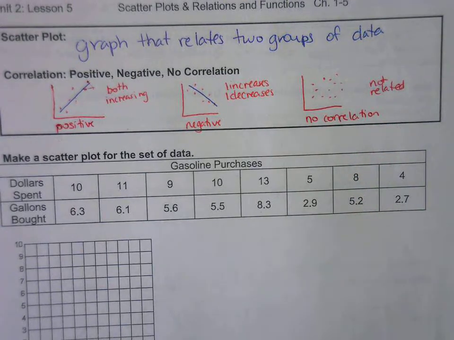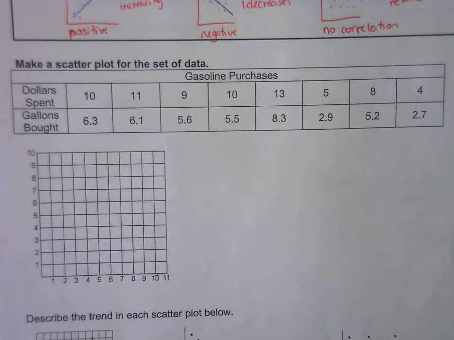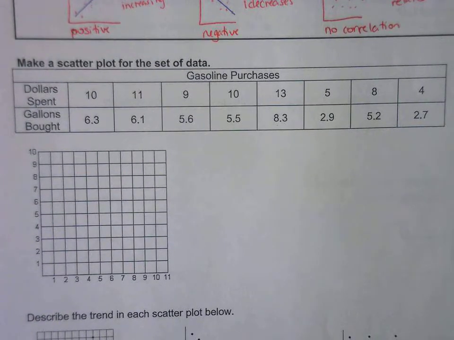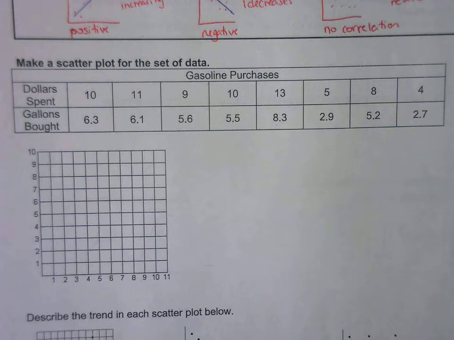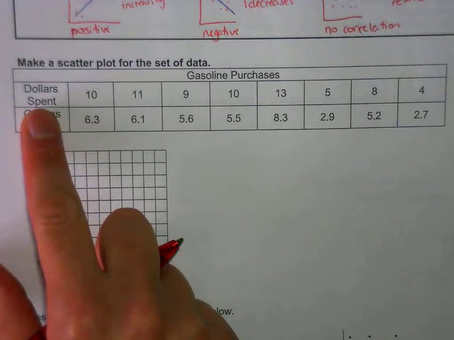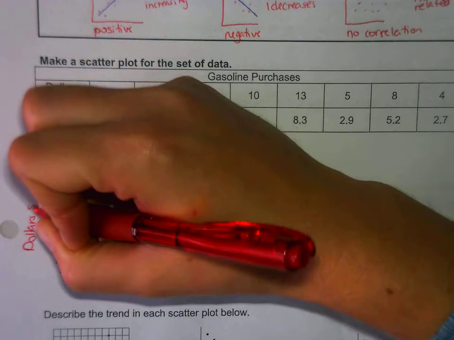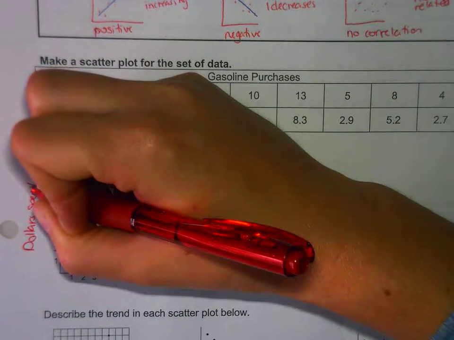So let's make a scatter plot with the data that is given to us. We're looking at dollars spent and gallons bought. So I am going to use this as my independent variable. So dollars spent. Oops, sorry, nope.